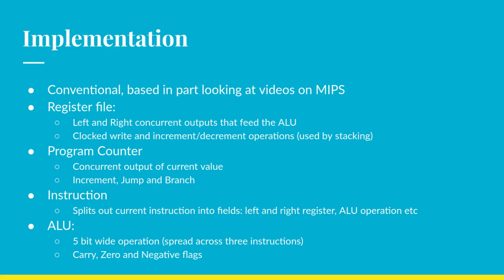There's a fairly standard ALU design. It uses a 5-bit wide operation field, which is spread across 3 instructions. So that's one instruction for the immediate mode, when you have an operand.